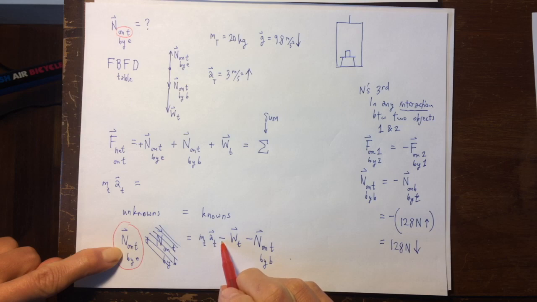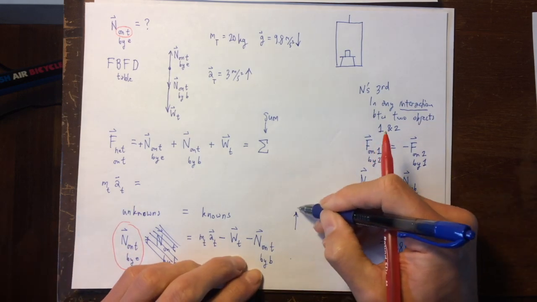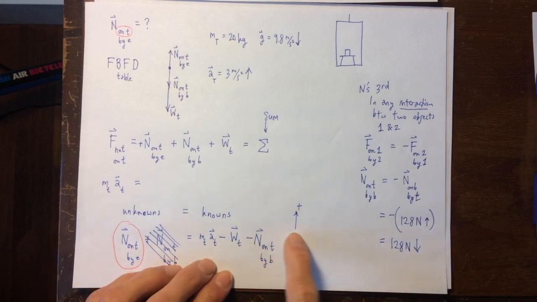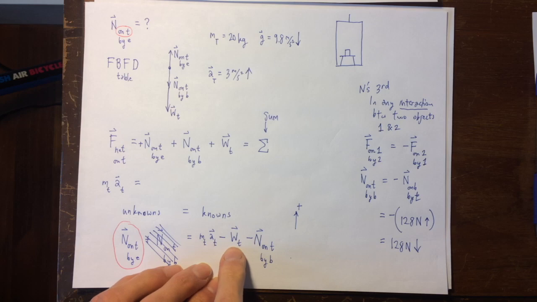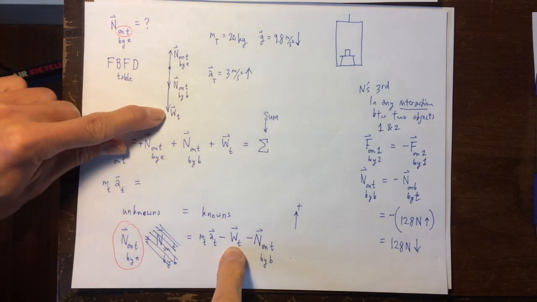Once again, you have to be super careful. There are some minus signs that are explicit, but if you were to again choose up is positive, which you don't have to, you could choose the opposite if you want. But if you did choose this, you'll notice that the number that you have to put in for the weight force of the table, on the table, is another negative number.